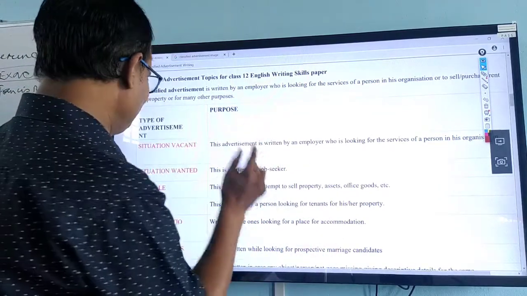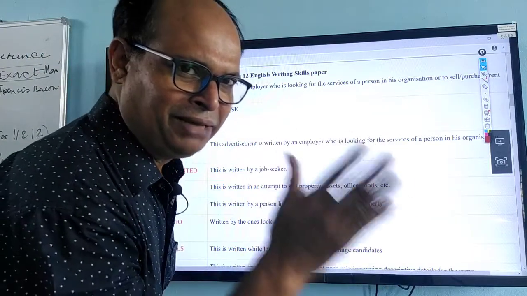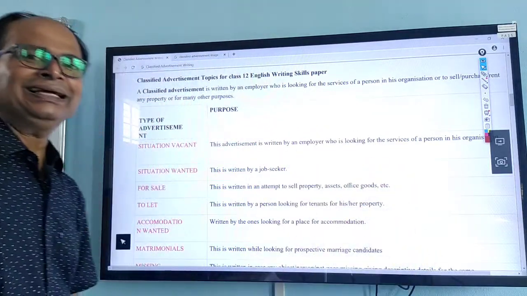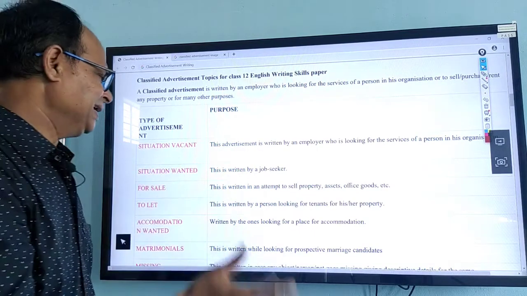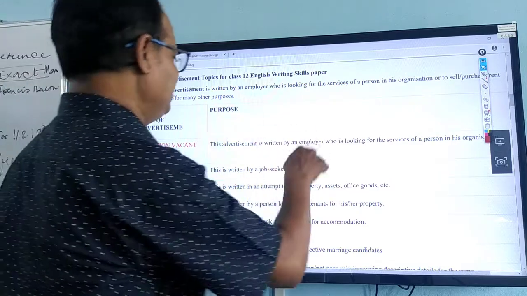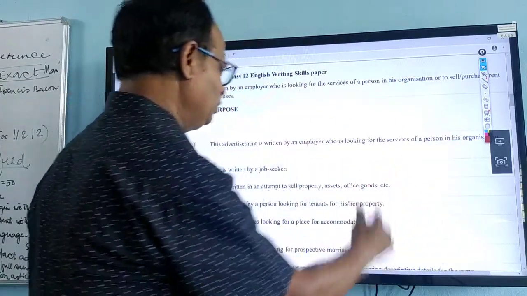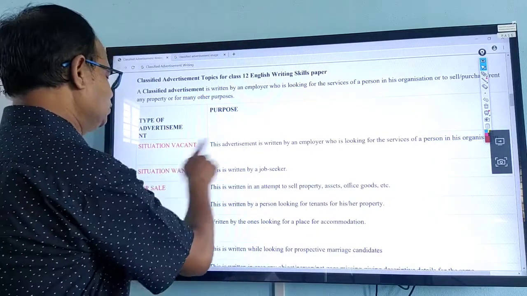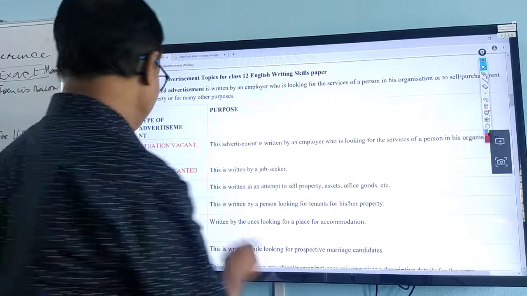In the content part, we will have to write WANTED or REQUIRED, in capital, maybe slant, means italic, bold, italic and capital. After that you write in the manner we have discussed, and we will see more examples. So let us see the types of advertisement and the purpose for which each is written.